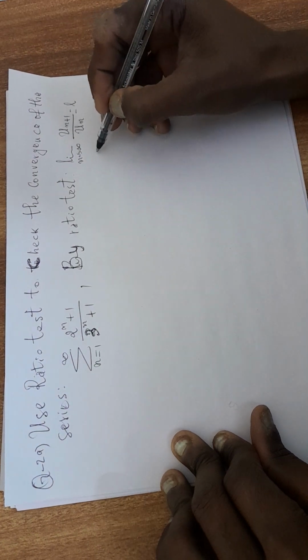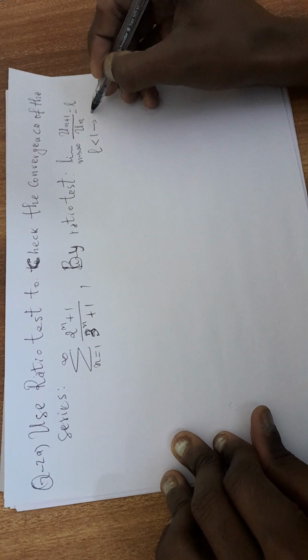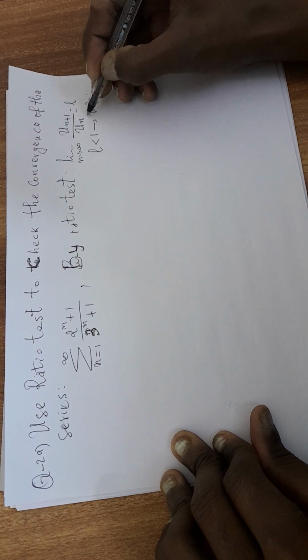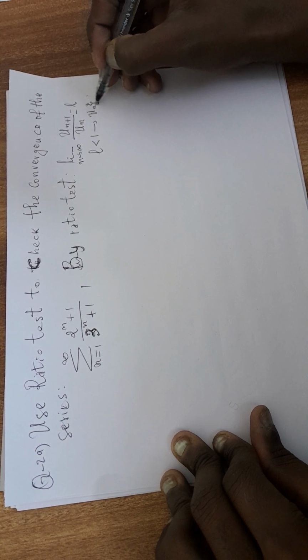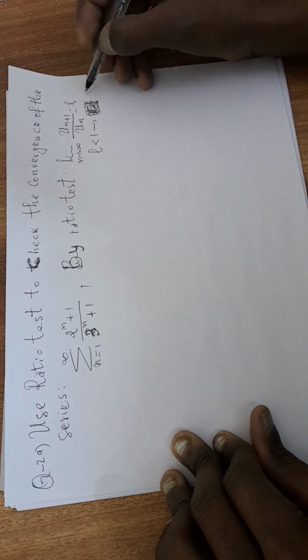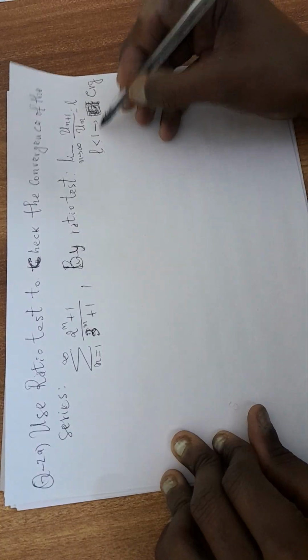This limit says that if L is less than 1, then the series u(n) converges.